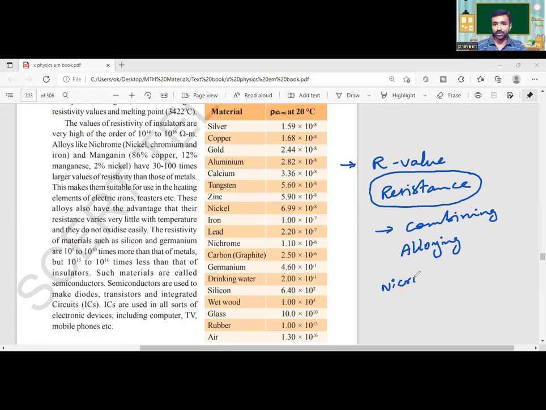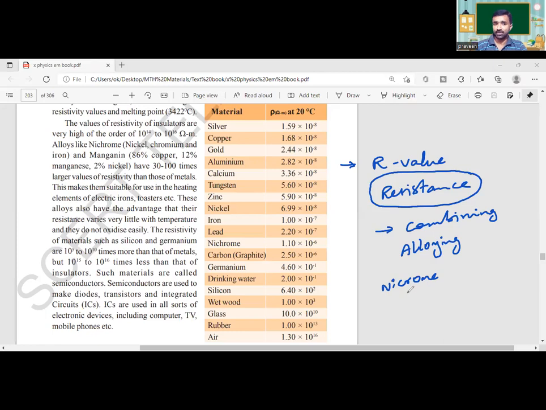What is nichrome here? Nichrome is a combination of nickel, chromium, and iron, combined in different percentages.